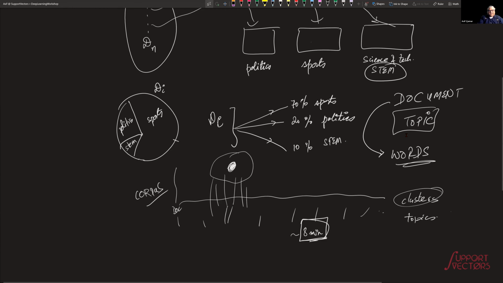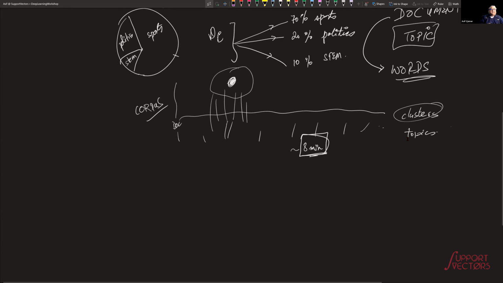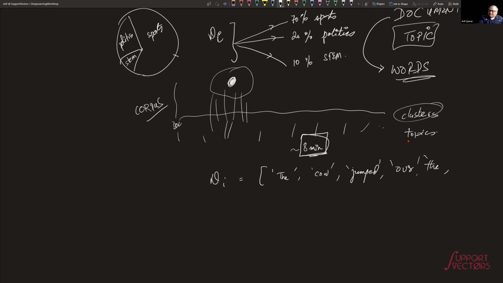Think of it like this. Here is a simple way that I will give, which is very programmer friendly. If you take a document Di to be a list of tokens, words, right? The cow jumped over the moon. Let's say this, right?